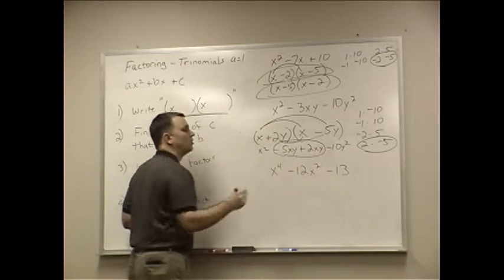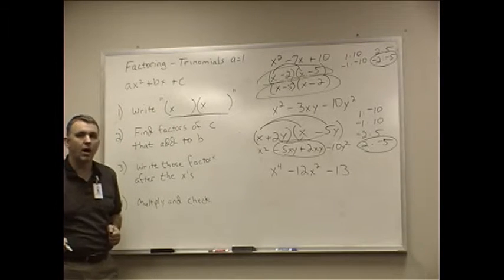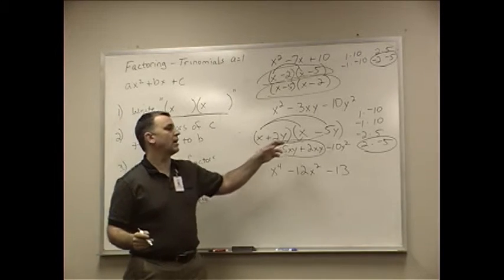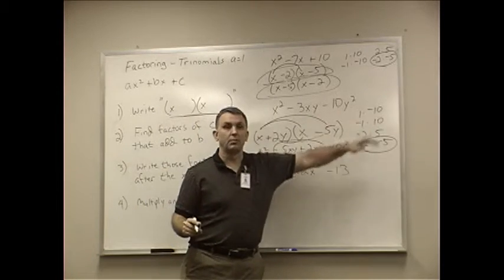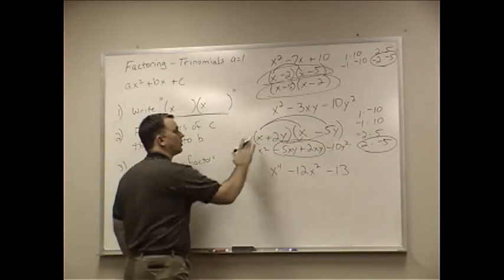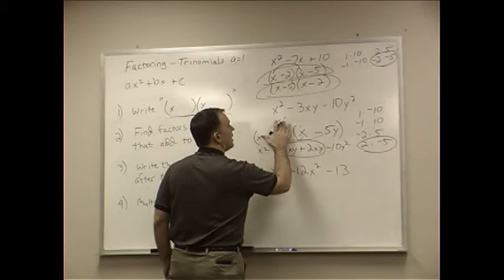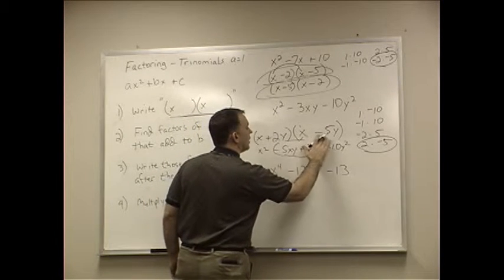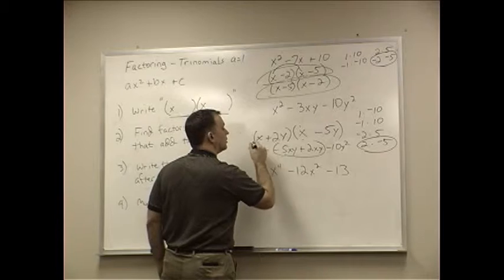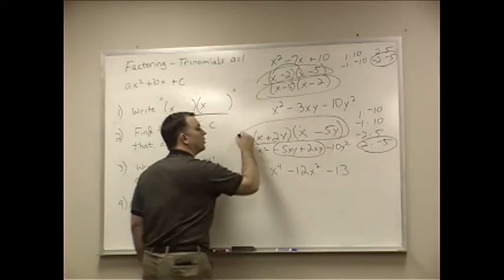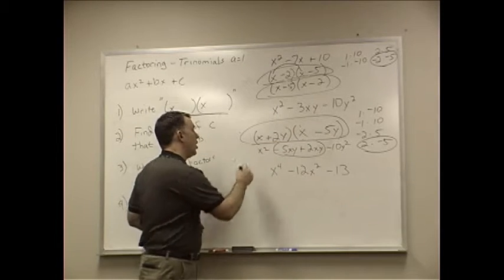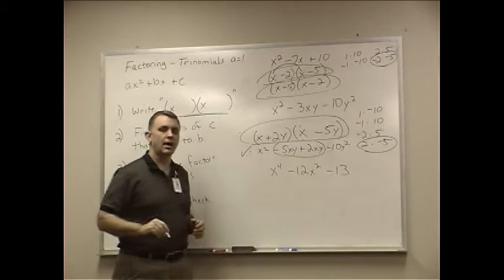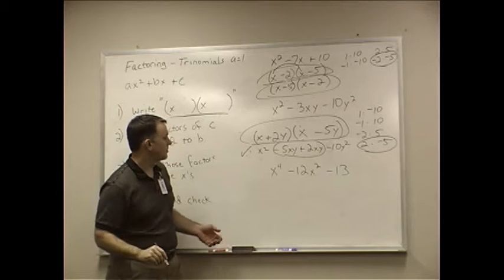Combine the middle two, and you get your negative 3xy. There's your x squared. There's your negative 10y squared. It multiplies out. It gives us the right answer. Now I just want to erase, because we generally expect you to circle your answer. We'll make sure that this is the answer. All of this work done down here was just to check it.